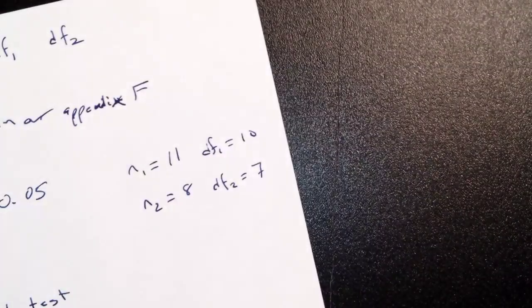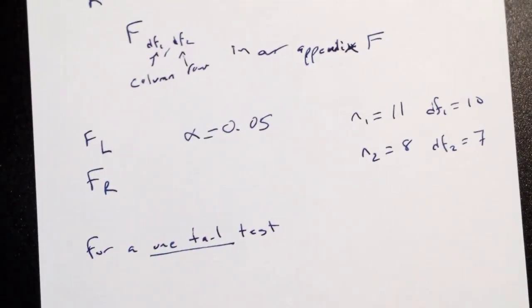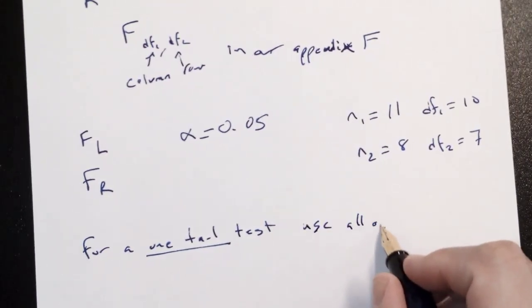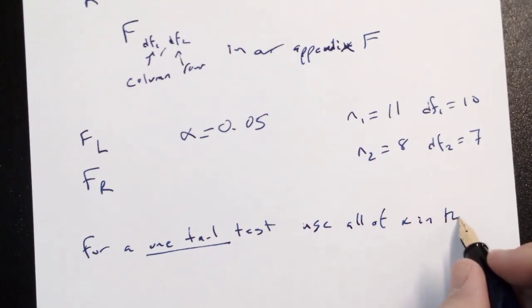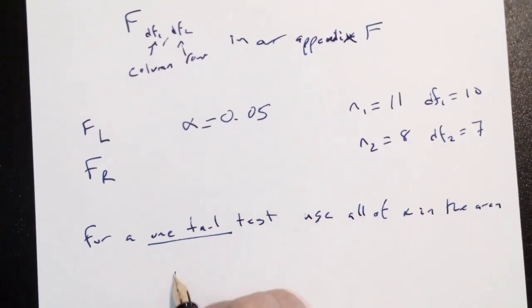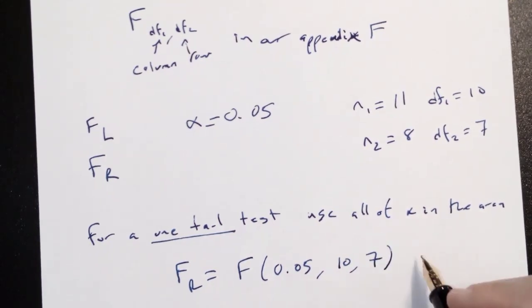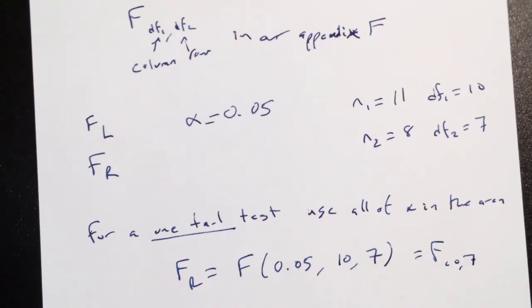So before I go any further, I can say, hey, wait a minute. And our book would write this as F 10,7 on the chart for 0.05. But you'll notice 0.05 is not written there anywhere, is it?